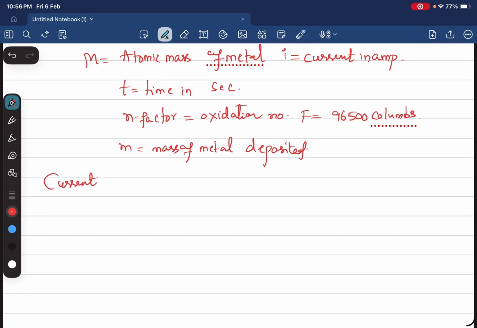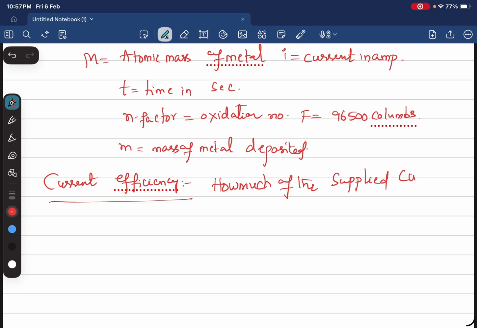Current efficiency is nothing but how much of the supplied current is actually used for the desired reaction, for the desired product.